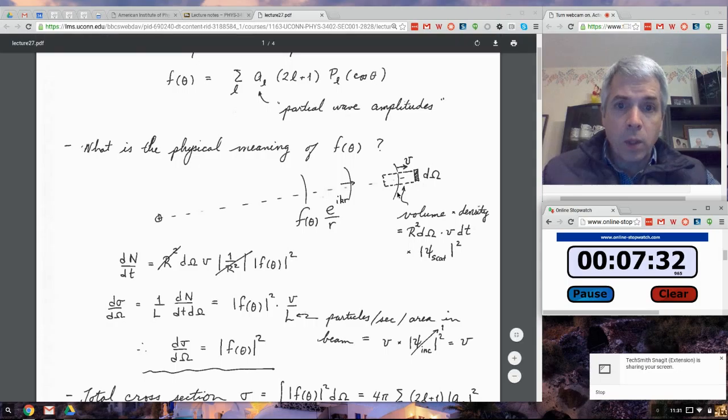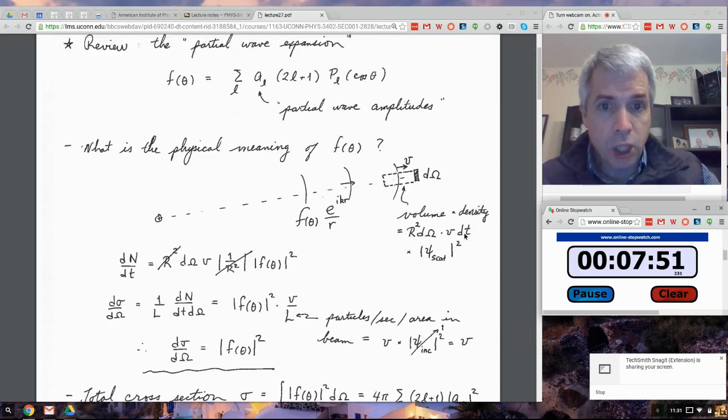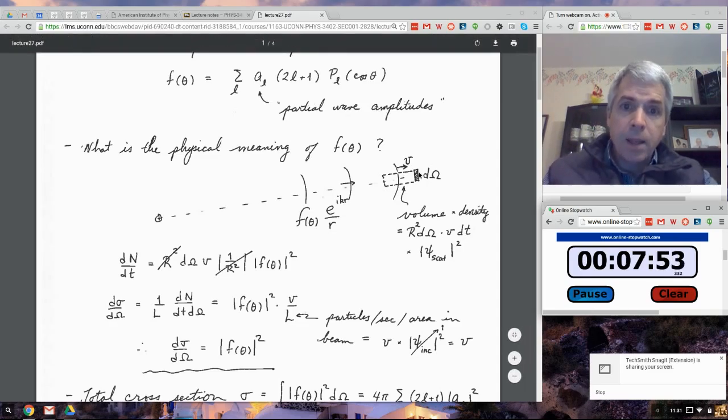Okay, so what's the total volume in time dt that contains the particles that will pass through the detector? Well, it's the area, which is r squared d omega, and then the height, which is v dt, where dt is the amount of time we're waiting to watch to see those particles detected. That's the volume. How many particles are in that volume?